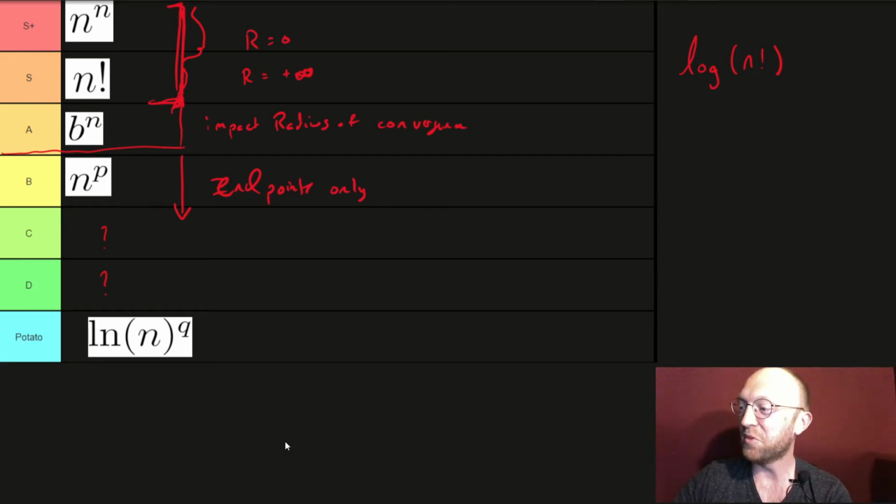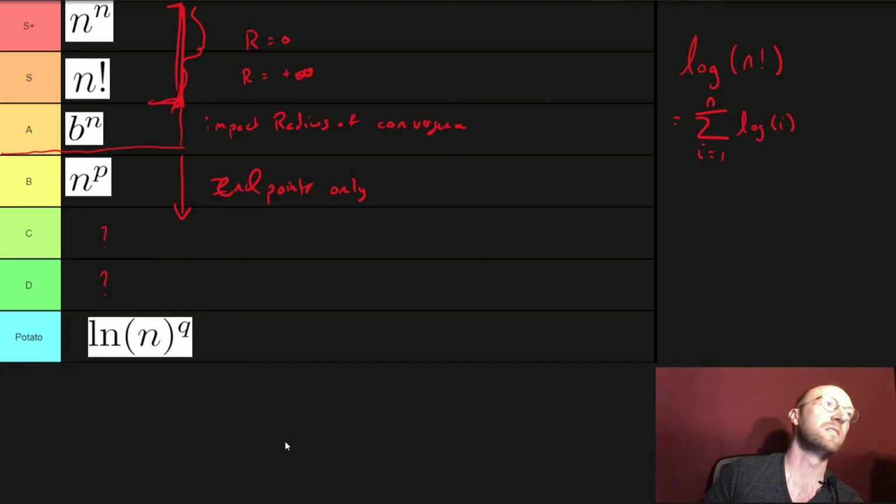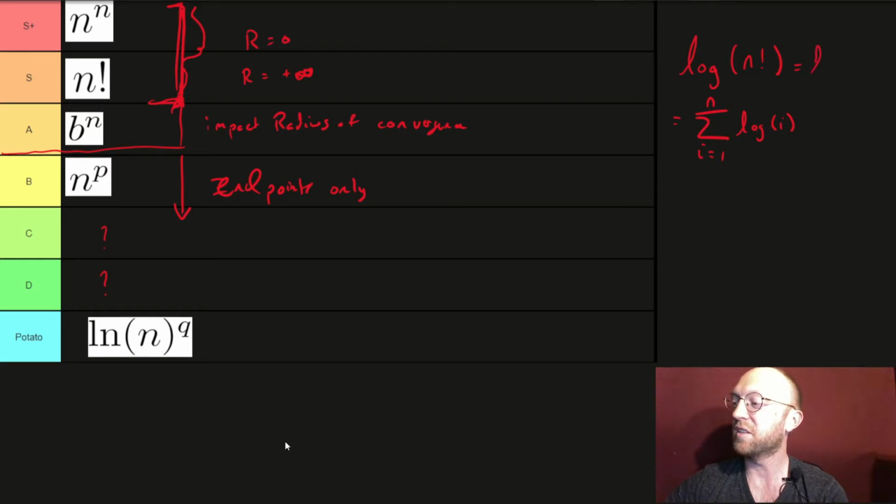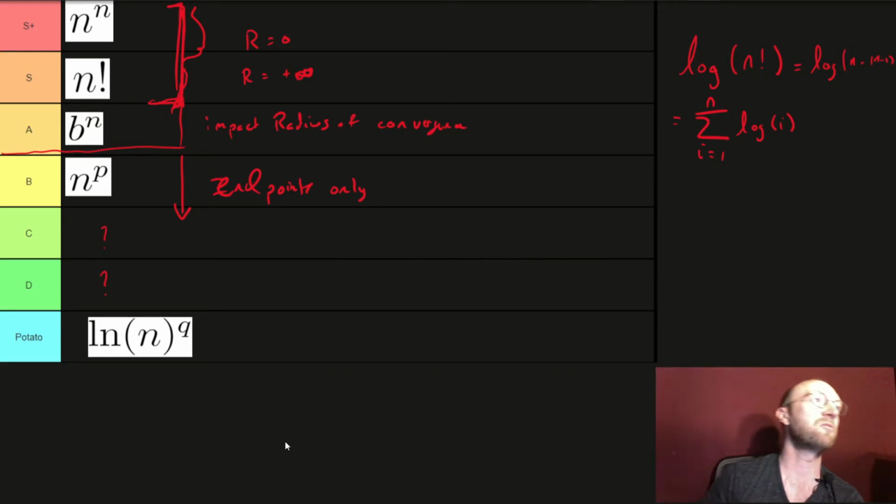This is going to be equal to the sum from i equals 1 to n of log i, because this is the product, right? This is log of n times n minus 1, and so on and so forth. Products become sums.